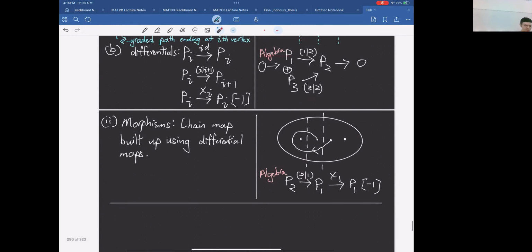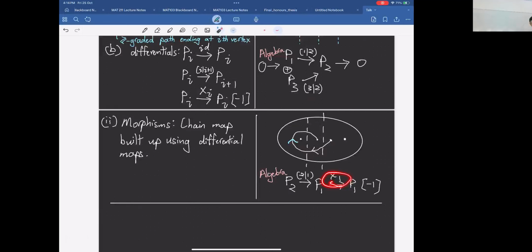If I draw another example here, you can see that there are also 3 intersections, corresponding to P2, P1, P1. There's a map from P2 to P1, and then P1 to P1 again. But what's this map here? This is what we associate as a loop map, because you already go one round.